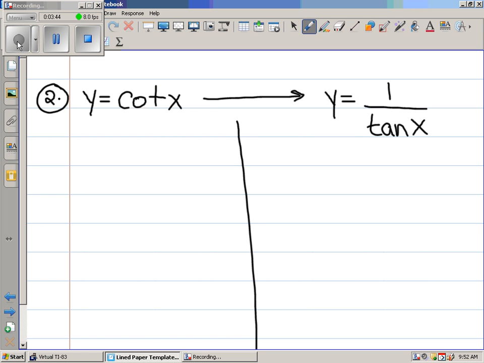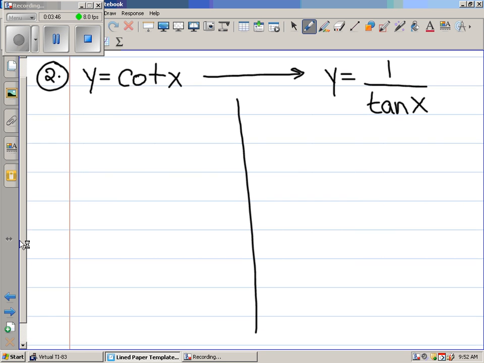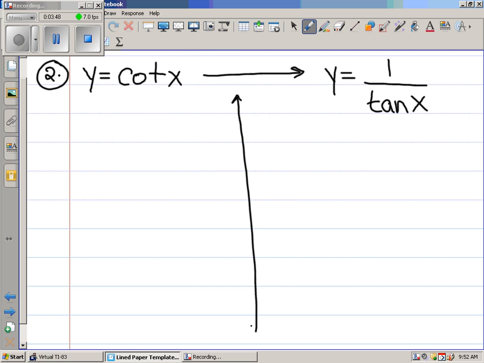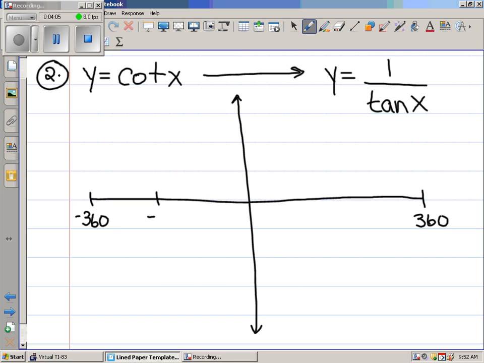So now we're going to draw the same type of scale that we had before, right? We've got some business going on up and down, and some other business going on left and right. We're going to go 360 to negative 360, scaling it negative 180, negative 90, negative 270, 90, 270.